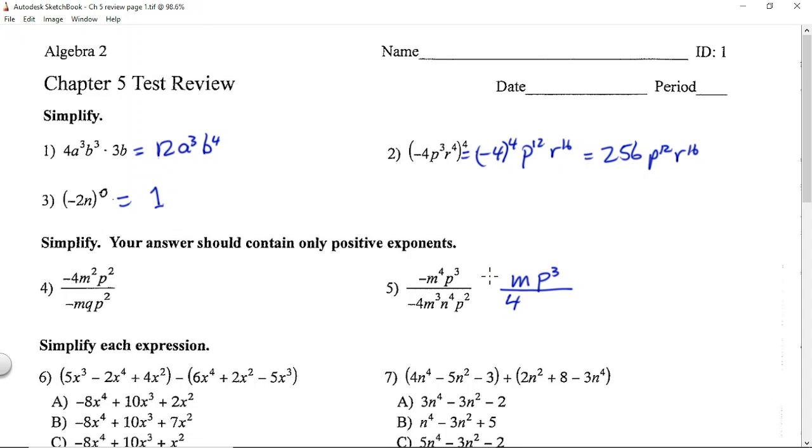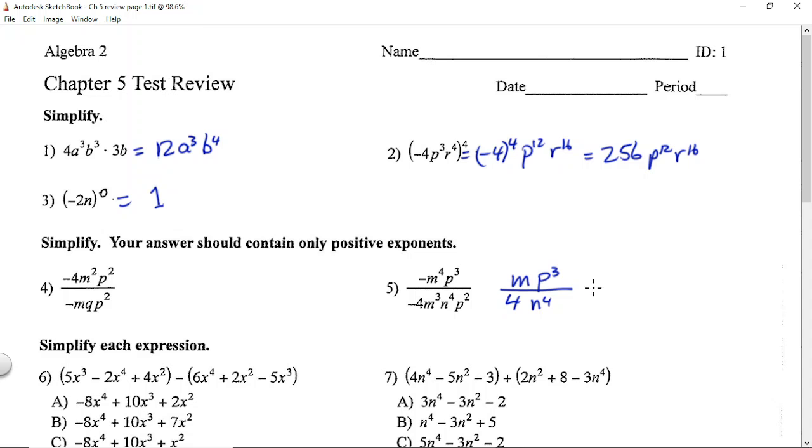And the other variable we have is n to the fourth. Well, there's a couple ways we could do this. There's no n to the fourth in the numerator at all, right? So kind of just like we just left the p cubed there, the n to the fourth can just stay down there.